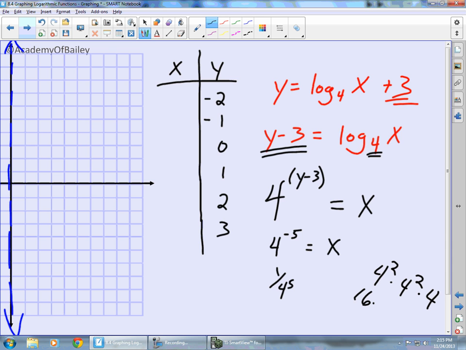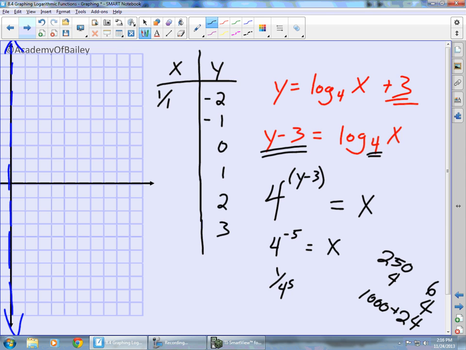So this is 16 times 16 times 4. 16 times 16 is 256. And 256 times 4, well, that is 250 times 4 and 6 times 4. 250 times 4 is 1,000, and 6 times 4 is 24. So 4 to the 5th power is 1,024.